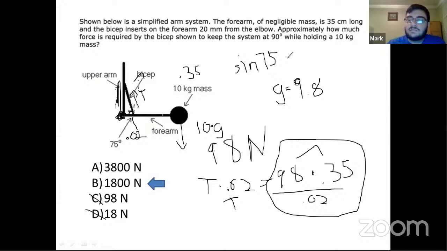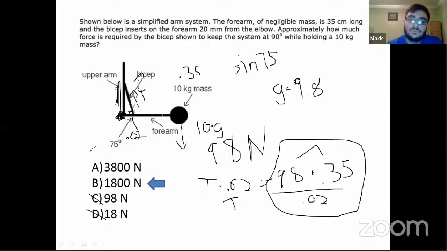However, you may not know what sine 75 is. I don't know what sine 75 is, but I know that it's very close to 1, because sine 90 is 1, whereas sine 60 is, I think, radical 3 over 2. Essentially, you can almost consider it as just a flat up.